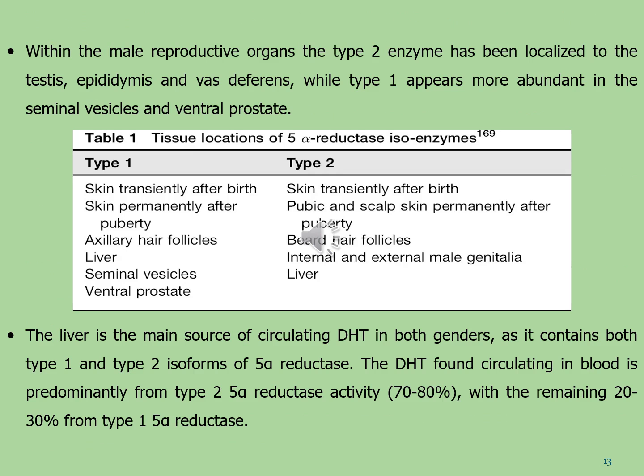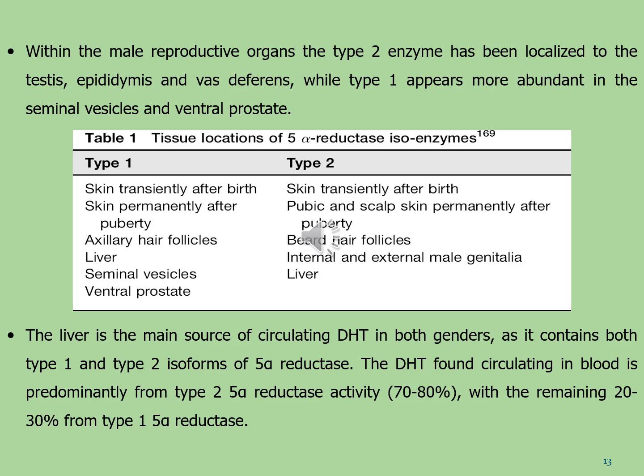Within the male reproductive organs, the type 2 enzyme has been localized to the testes, epididymis, and vas deferens, while type 1 appears more abundant in the seminal vesicles and ventral prostate. Let's see the comparative study of type 1 and type 2 5-alpha reductase isoenzymes in the tissues. Type 1 is transiently present in skin after birth, and so is type 2.